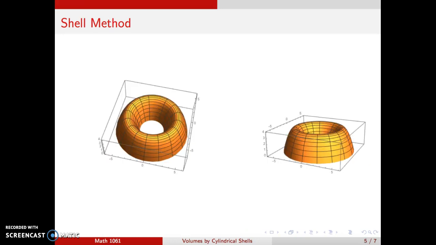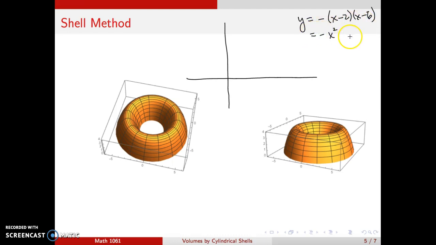Here's a computer-aided sketch of some of the type of thing we'd be looking at. What we've got is y equals this function, negative x squared plus 8x minus 12.